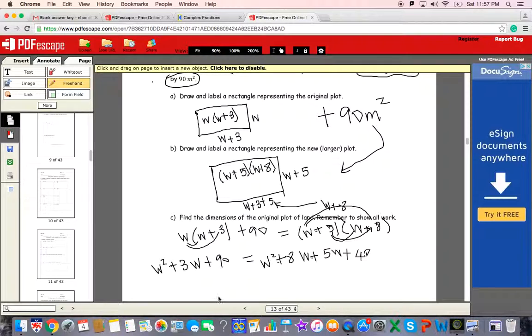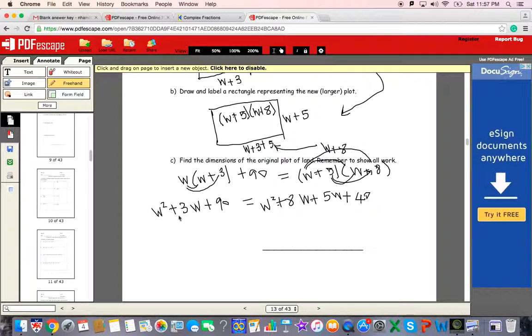If we subtract W squared from both sides, a beautiful thing happens: you eliminate W squared from both sides. So the equation becomes linear, and that's a lot easier. We have left 3W plus 90 is equal to 8W plus 5W plus 40.